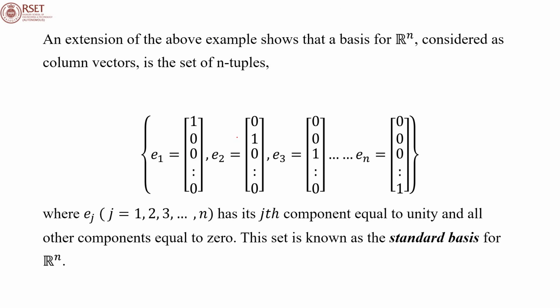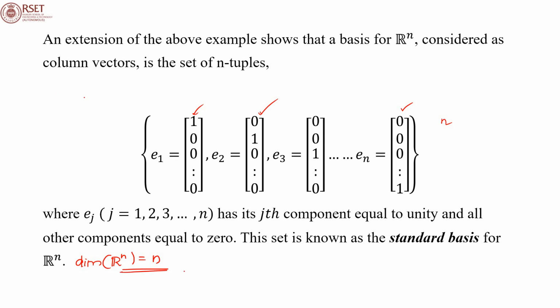And how many elements will there be in a standard basis for Rn? E1 has its first entry 1, E2 has its second entry 1, etc. En has its nth entry 1. How many are there in total? There are n elements. So the dimension of Rn is n.